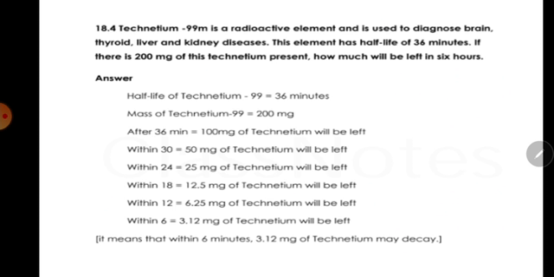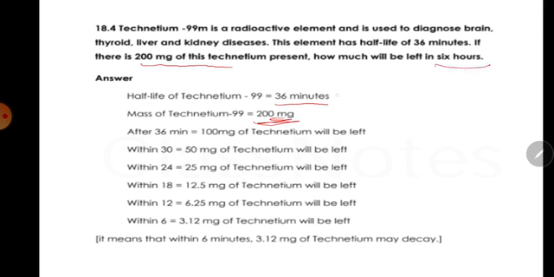Now a radioactive element is given which has a half-life of 36 minutes. If there is 200 milligrams, the amount is given 200, how much amount will be left after 6 half-lives?